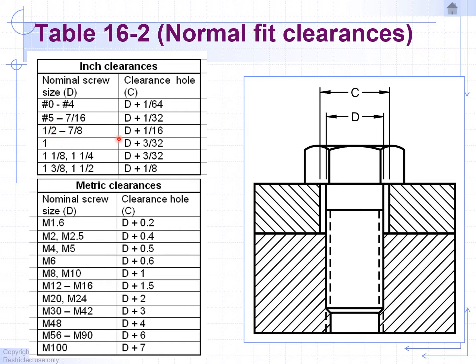The bolt is 1/2 inch diameter, so for the clearance hole, you're going to add 1/16. So it's just 0.50 plus 0.0625, and that'll give us 0.5625 diameter for the clearance hole.